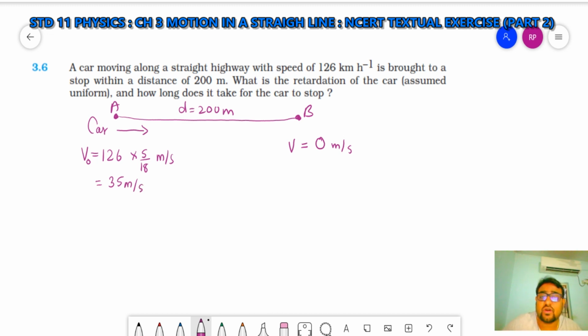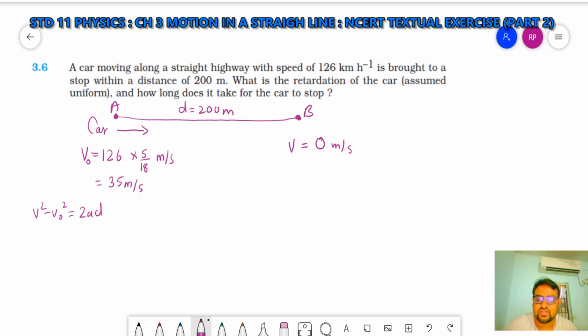Clear? Now, what is the retardation? You can either use the formula for breaking distance, which you had already studied: d equal to v0 square upon 2a. Or else you can also use the formula v square minus v0 square equal to 2ad.